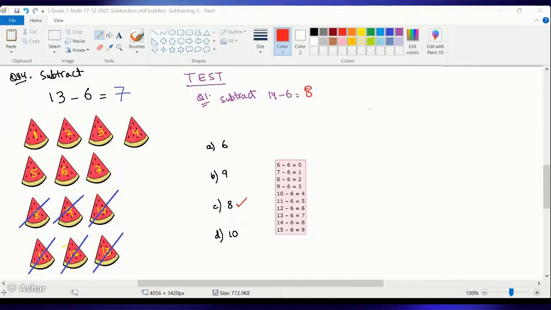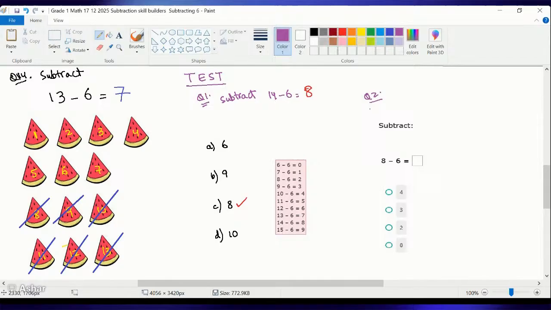In the next question, we have a different set of values. If we copy this and paste the next question, this was question number 2 from the test. Subtract 8 minus 6.